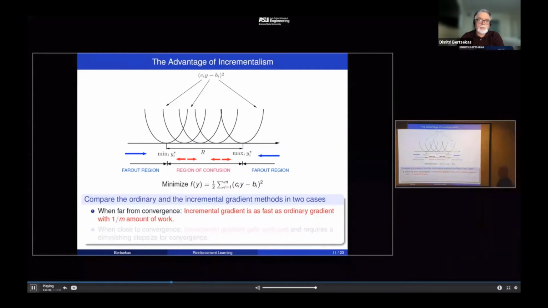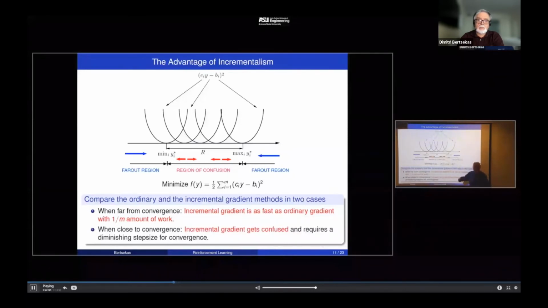So that's the general behavior of these methods. From far out, they are doing the right thing. In the region of confusion, they get confused, and it is possible, however, to make them work, provided you don't make big steps. It turns out that if you use a diminishing step size, a step size that goes to 0 over time, then you'd be getting confused with each step, but you'd be getting confused less.